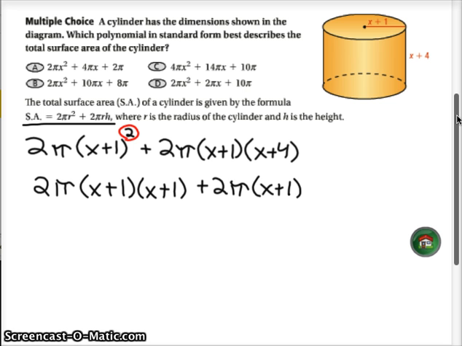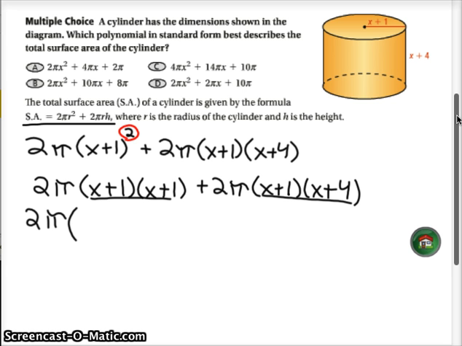So I'm actually going to write that out. All right, so now we have something that looks like that. And I'm guessing you can see here and here, we're going to be using our FOIL method to simplify this. So we have that 2 pi out front.